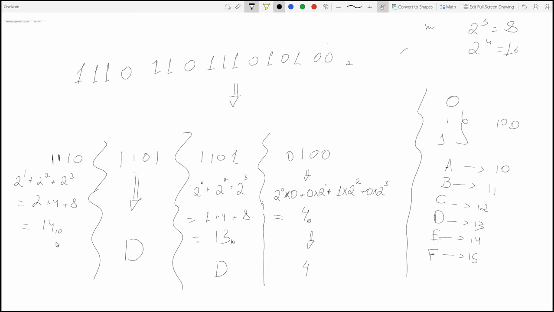Now 14 in base 10 is equal to E in base 16. The final answer will be that this whole binary number is equal to E D D 4, and we write the base in here, 16.